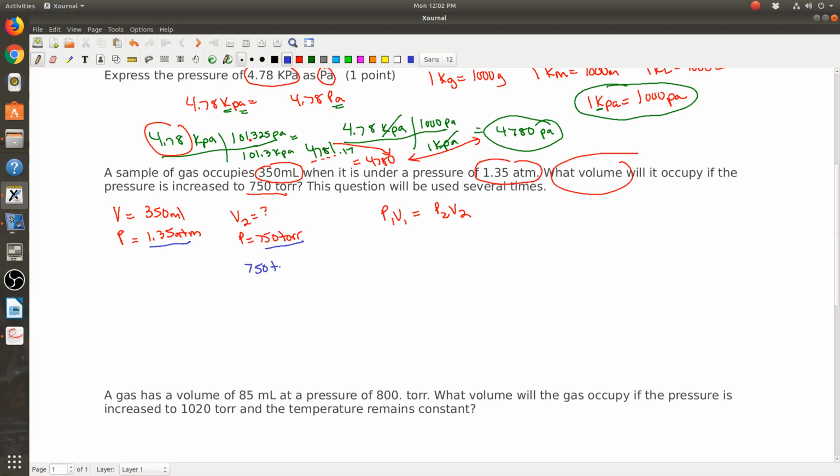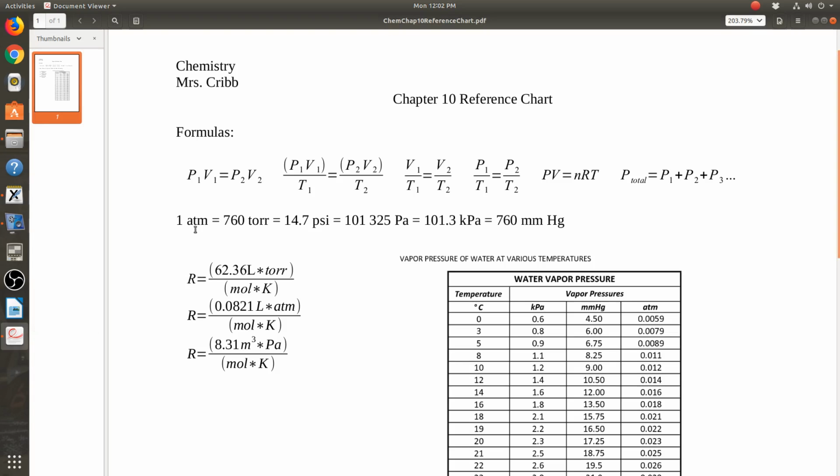So I would have had to say 750 torr, 1 atmosphere, and I would have to have looked on my reference chart to see the relationship. 1 atmosphere is 760 torr.